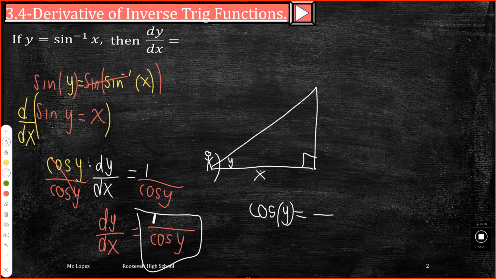Because y is an angle for sure, no? And cosine is adjacent over what? Hypotenuse. If we say that this is a unit circle, then this would be 1, no?